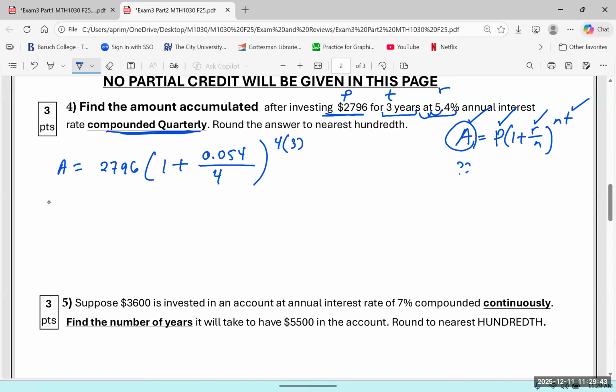So if you use it correctly, the answer should be how much? What's the answer, Ronald? Give me the number. 3,114? 3,114. See, when you tell me the number, my brain recognizes that.